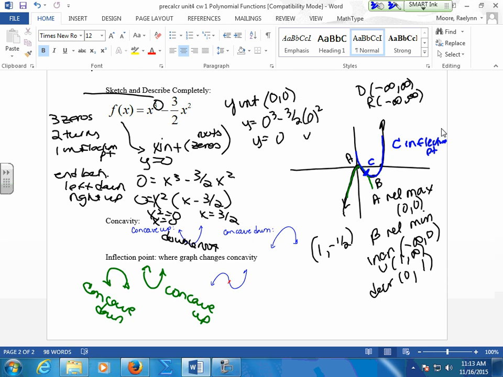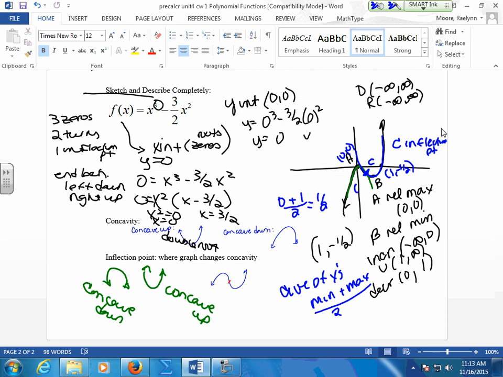Because it's halfway, you're going to find the average of your x's from your min to your max. We're going to take your min plus your max x divided by 2. So this guy was at 0, 0. This guy was at 1, negative 1/2. So we're going to add 0 plus 1 and divide it in half.